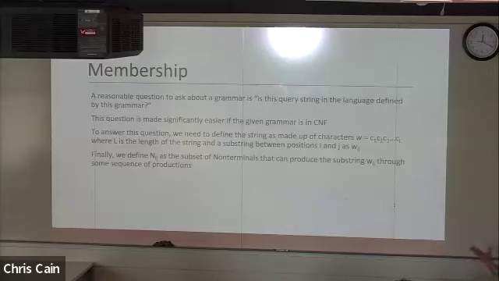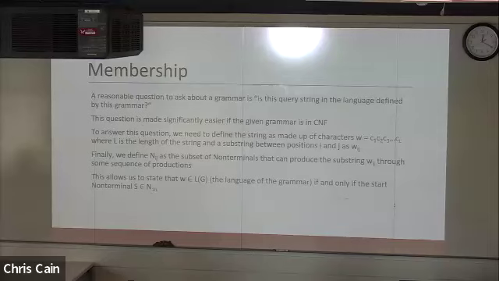So we know for grammars, we've been saying that capital S is always the start non-terminal. We will be answering this capital N sub ij as the set of non-terminals that could produce a substring via some sequence of applications of the productions. We'll see what that means in a second.